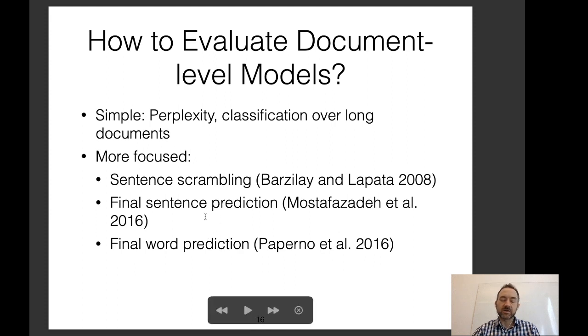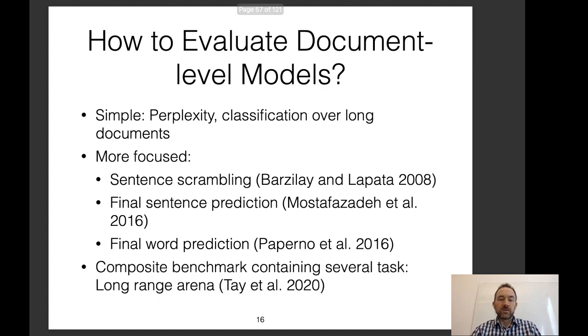And the final sentence prediction and final word prediction methods essentially find individual phenomena in the entire document that seem like they should require context. And it becomes a more targeted evaluation. There's also a recently proposed composite benchmark containing several tasks, specifically the Long Range Arena, that is designed to test these document-level models.